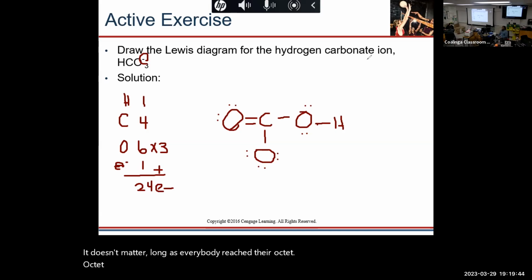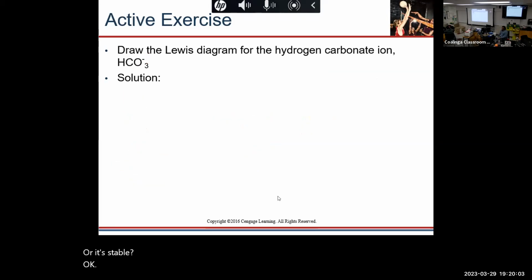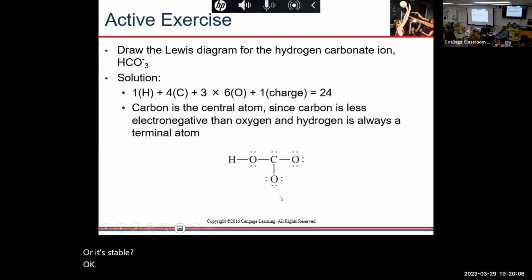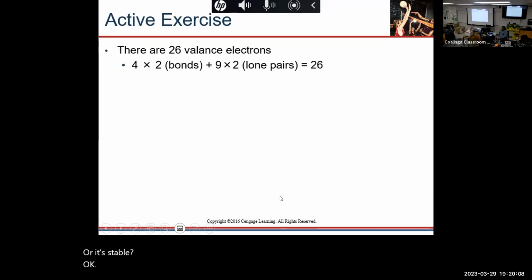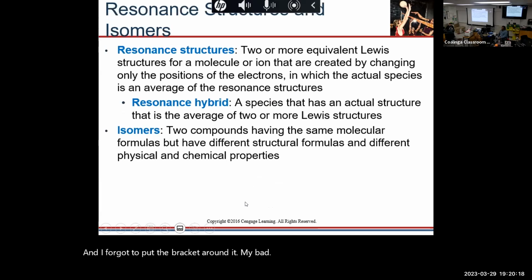Octet, I'll spell it for you, meaning that it has 8 around it, or it's stable. Oh, and I forgot to put the bracket around it, my bad, because it was a negative ion.